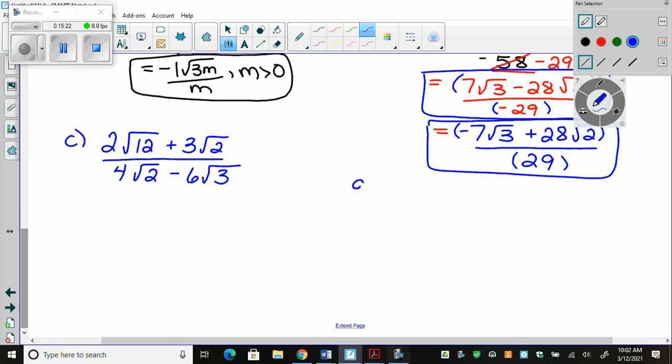And then we'll have D, so you have C and D to do.